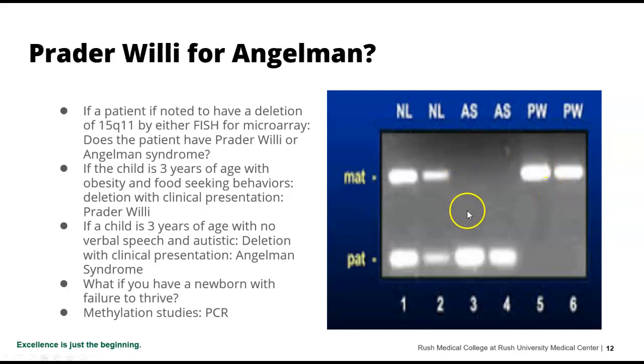So with Prader-Willi, we only have the maternal copy or maternal pattern, and with Angelman, we only have the paternal copy, and normally we should see both. So if I have a FISH or deletion, microarray, whatever, that there's a deletion, I then have to do these methylation studies.